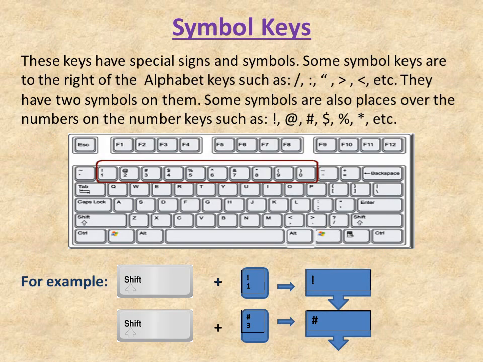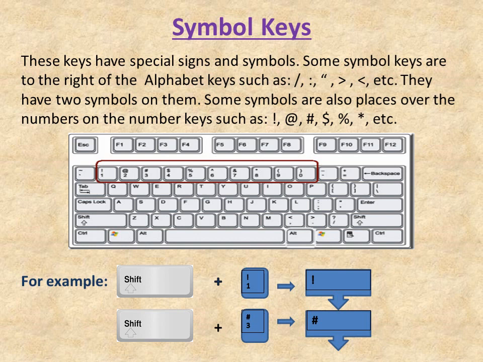Children, let us learn about symbol keys. These keys have special signs and symbols. Some symbol keys are to the right of the alphabet keys, such as slash, colon, inverted commas, signs of greater and smaller, etc. They have two symbols on them.